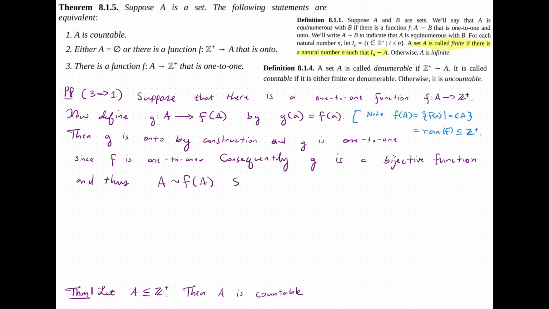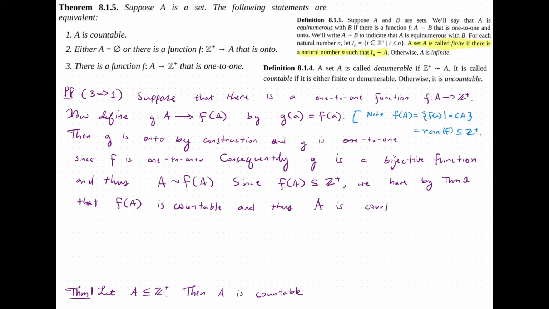And so since f of A is a subset of the positive integers, we have by theorem 1 that f of A is countable, and thus A is countable since A is equinumerous to f of A. And that finishes the proof. And so all that remains is to prove this statement right here, which we do now.